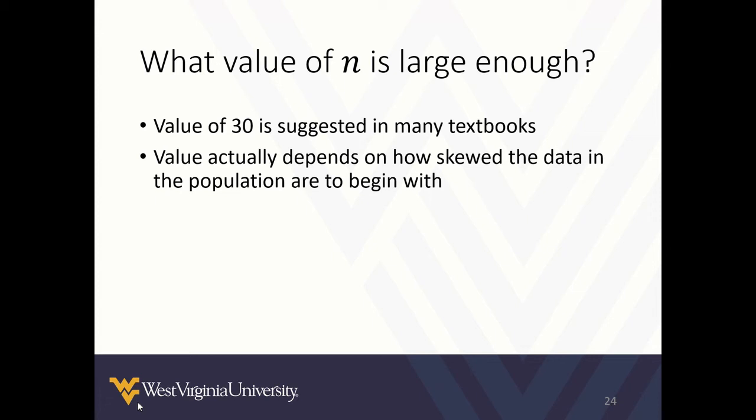Some use 25. Generally, 30 is the main standard that is used. Truthfully, it really does matter how skewed the distribution is before it becomes normal, but 30 is the standard value that's used in lack of a concrete one.